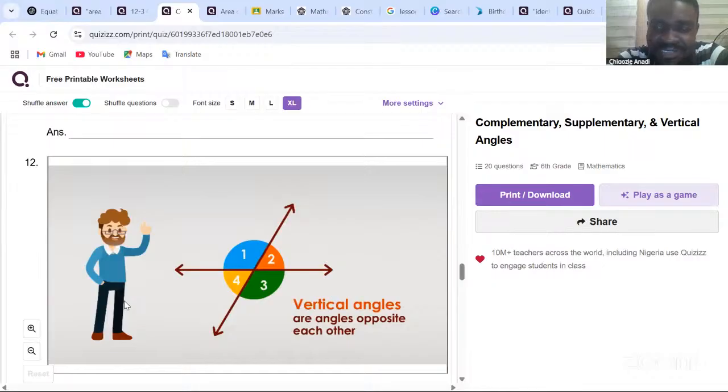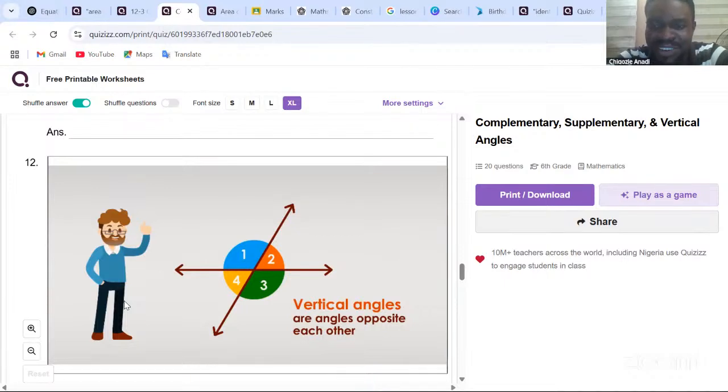This X is forming angles around it. You can see angles 1, 2, 3, and 4. Vertical angles are angles opposite each other.